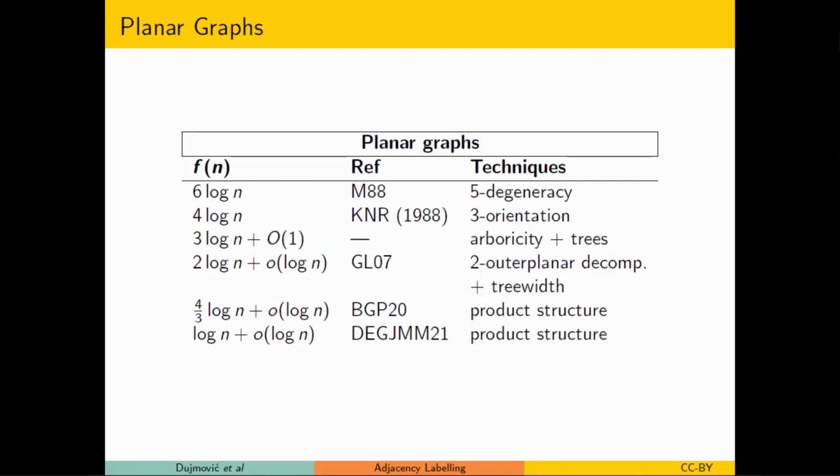And someone noticed a bit after that that we already know that the edges of planar graphs can be decomposed into 3 trees, and we have solutions for trees. So let's just give a vertex three labels, 1 in each tree. That gives 3. The 2 comes from a 2 outer planar decomposition plus the bounded tree width solution. And then these last 2 come from product structure.